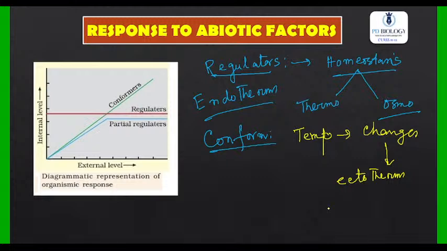So the question arises, why have all the organisms not developed homeostasis when it is extremely beneficial? Can anybody tell me?